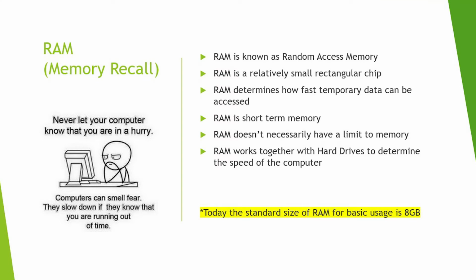Those temporary files, like you opening a Word document and writing something in it and then closing it, it holds that temporarily, and cookies on websites, searches that you do through Google, all of those are stored in the random access memory.